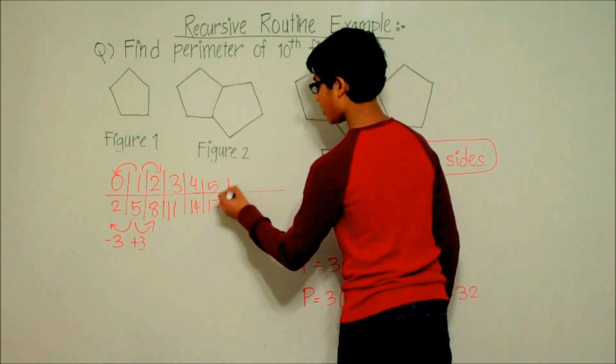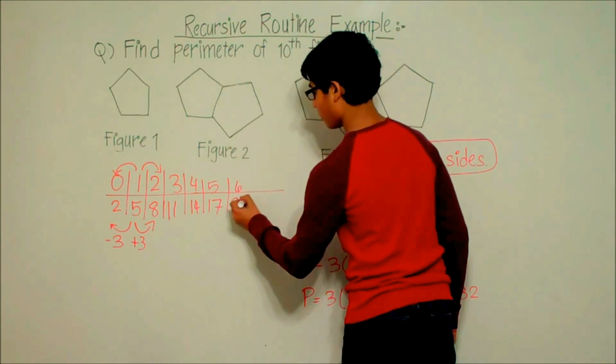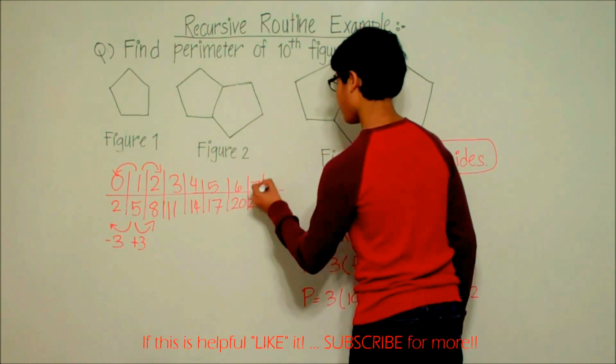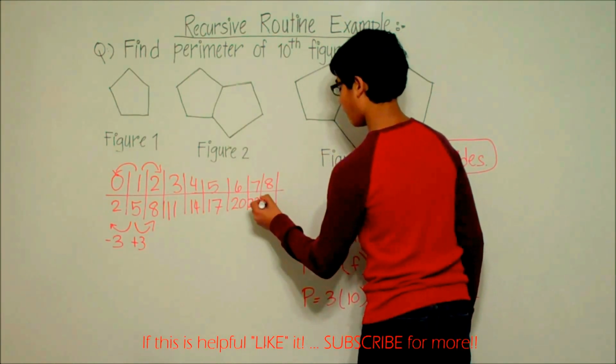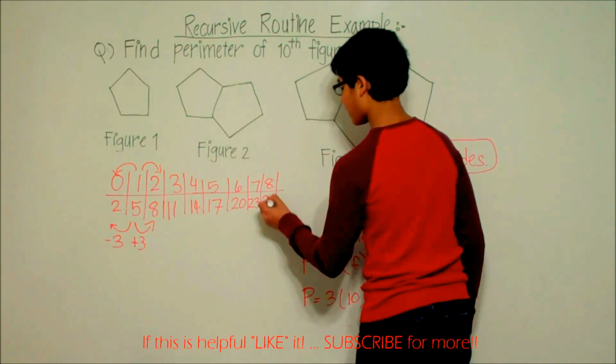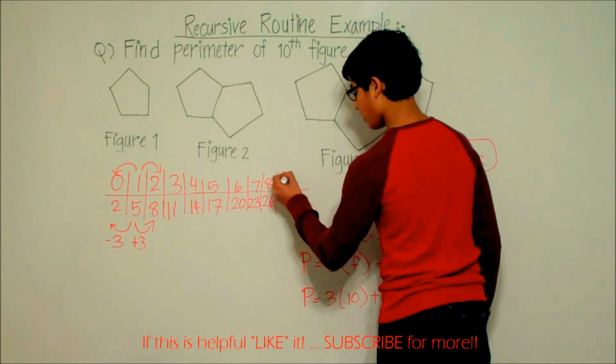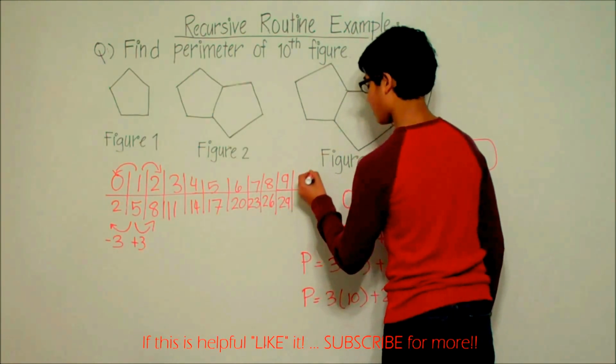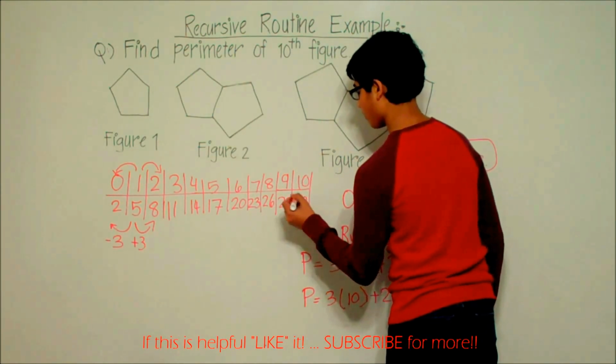The sixth will have 20. The seventh will have 23. The 8th will have 26. The 9th will have 29. And the 10th will have 32.